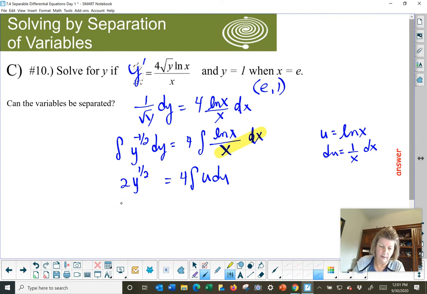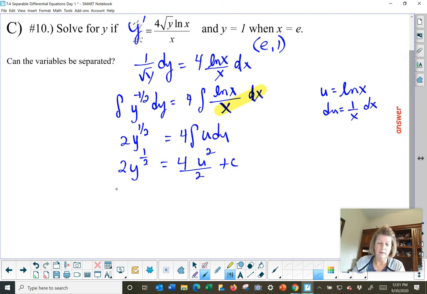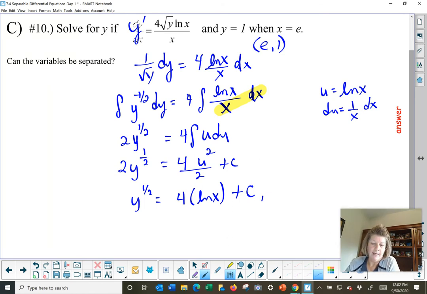So let's keep integrating. We have 2 y raised to the 1/2 equals 4 u squared divided by 2 plus some constant. Multiply both sides by 2. That's going to give me 4 natural log x plus c, some new c sub 1. And let's use our ordered pair.